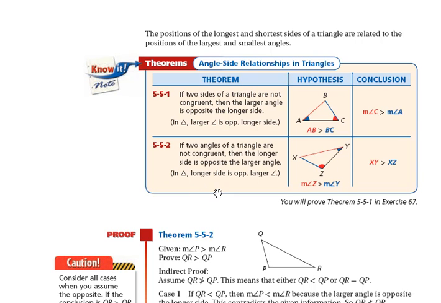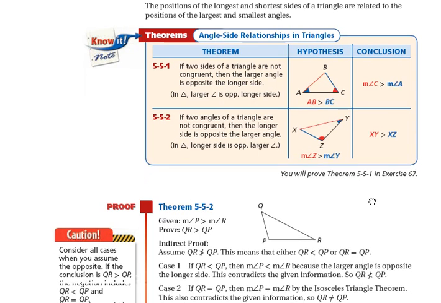And this one flows with that as well: in a triangle, the longer side is opposite the larger angle. So when you have a big angle like angle Z here, the side opposite that is going to be the longer side. So there's that correlation between the biggest angle and the biggest side in a triangle.